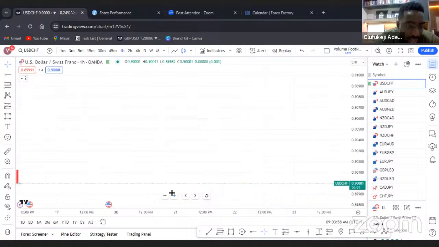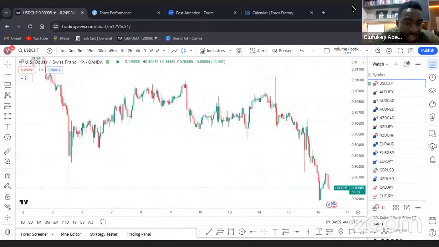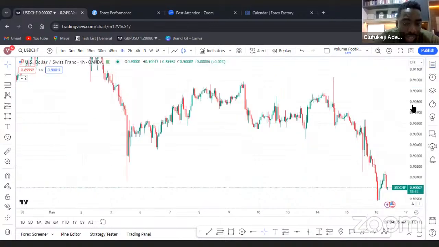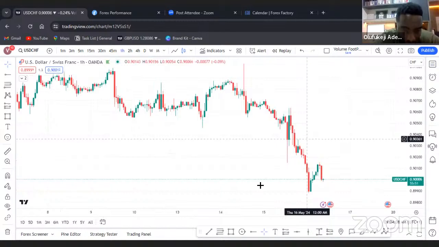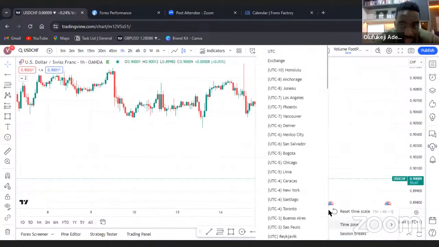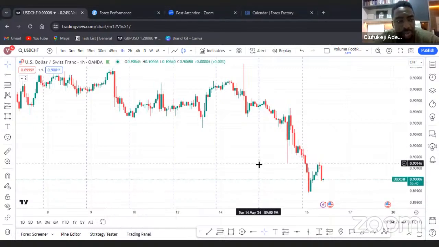So let's zoom in to see where we were yesterday. And you saw the selling pressure. Price didn't necessarily go all the way back to grab the liquidity like we thought it would, but it still grabbed a little bit before it came lower, about an extra 30, 40 pips.